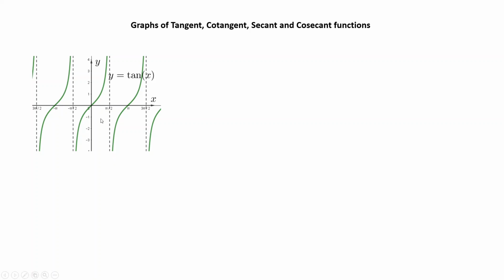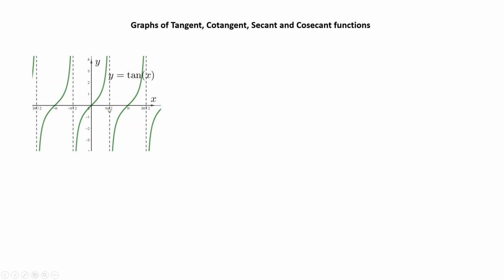And this graph has a vertical asymptote at not only x equals pi half, but also at negative pi half, negative 3 pi half, negative 5 pi half, positive 3 pi half. Integer multiples of pi half, except 0, of course. I spoke wrong.